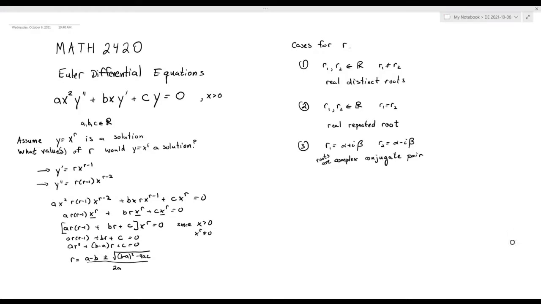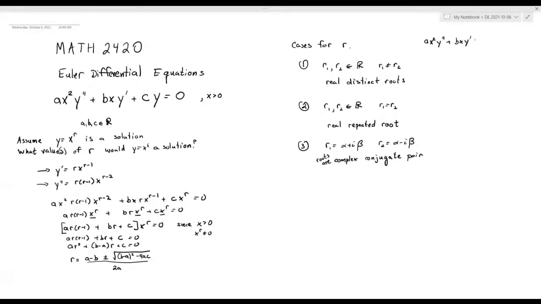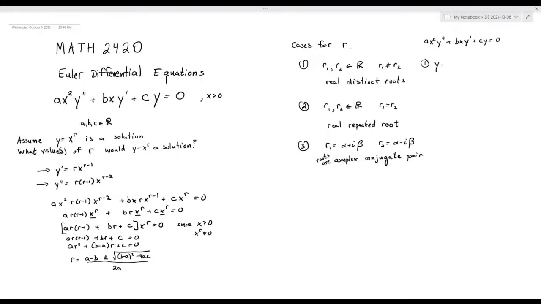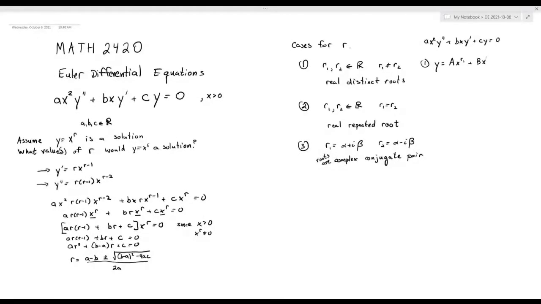So then, for the three cases, case number 1, the solution to this homogeneous differential equation is a combination of, well, we said that x to the root works, right? And since these are distinct roots in case 1, these x to the r1 and x to the r2 are linearly independent. So we have a fundamental solution set, x to the r1, x to the r2.